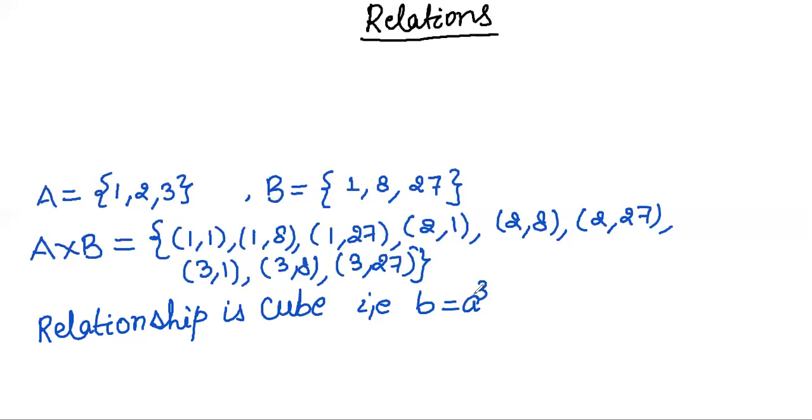This is the way to write it, where a belongs to first set A and b belongs to second set B. According to this, we have to write the elements of the set R. The condition is b equals a cube. The second set element will be equal to the cube of the first set element. Okay, I hope it is clear for you all. So this condition is given here.